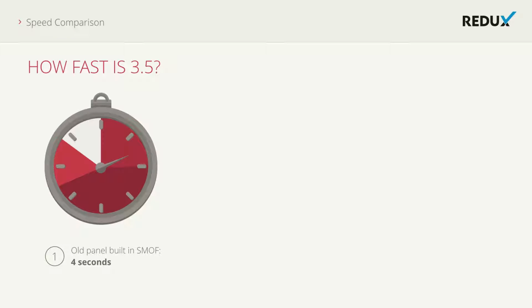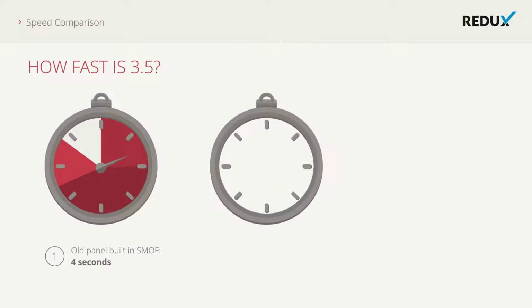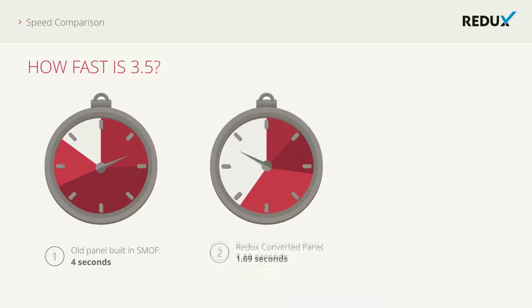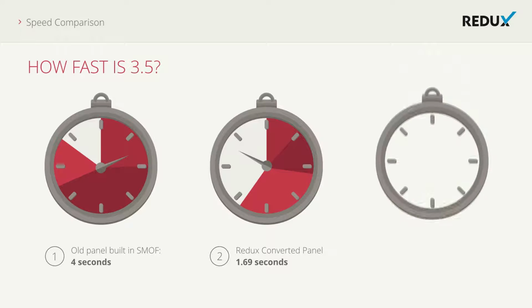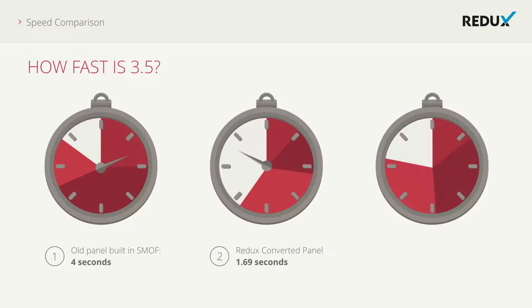SMOF is a smart option framework, one of the more known panels, and that panel took about 4 seconds to load. Then we took it and put it in the new Redux that we just pushed out, 3.5 plus, and we got it down to 1.69 seconds. But now with Ajax Save, it only takes about a second. It's actually less than a second to save. That is quite an amazing improvement. And if you try the new Redux, you will see that.